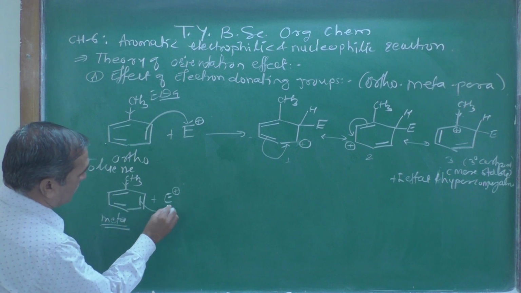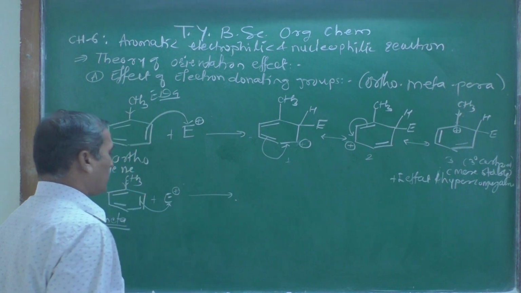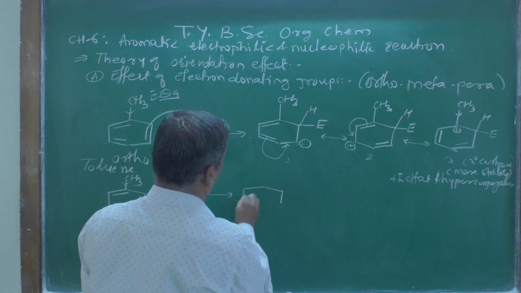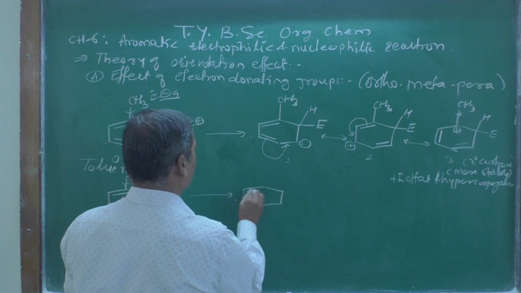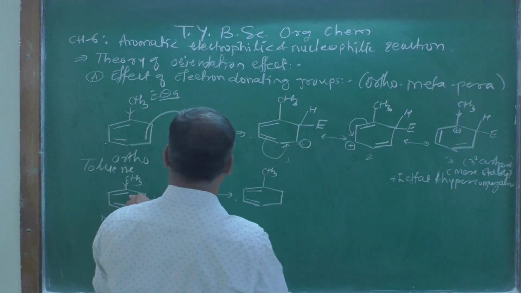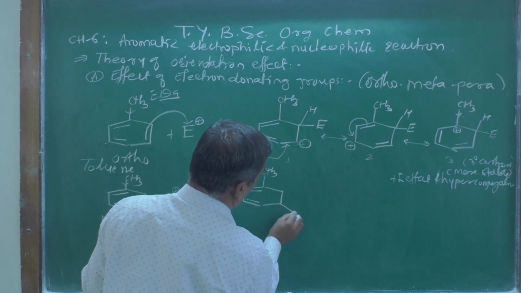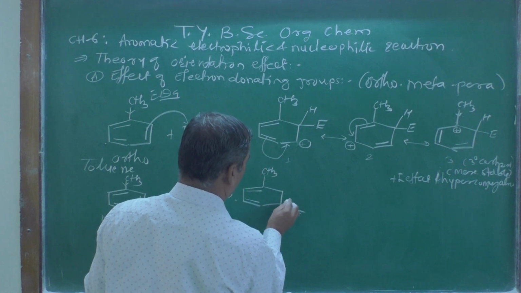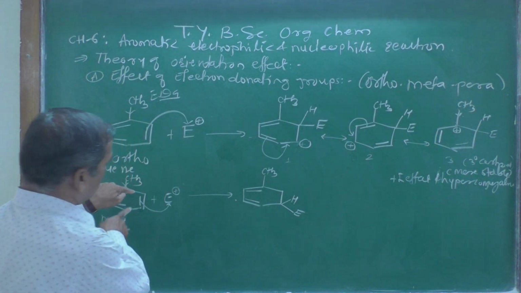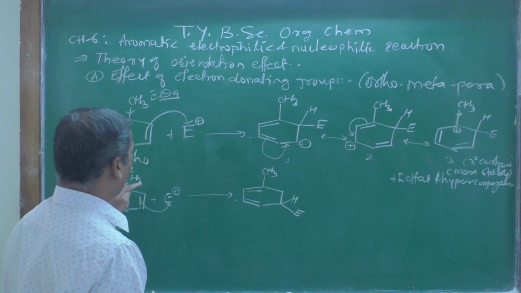Now this double bond is attacking that electrophile, and after attacking that electrophile, what do you get? See over here. This double bond is as it is, the methyl group is also as it is. When the electrophile forms a bond over here, one of the hydrogen atoms we can show here, and this double bond shifts from here and forms a bond with that electrophile.